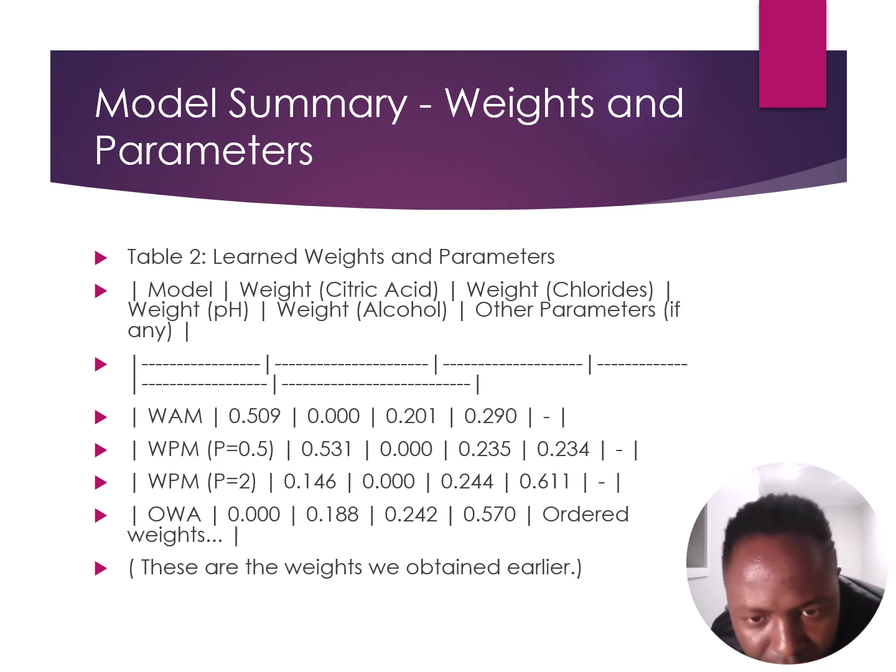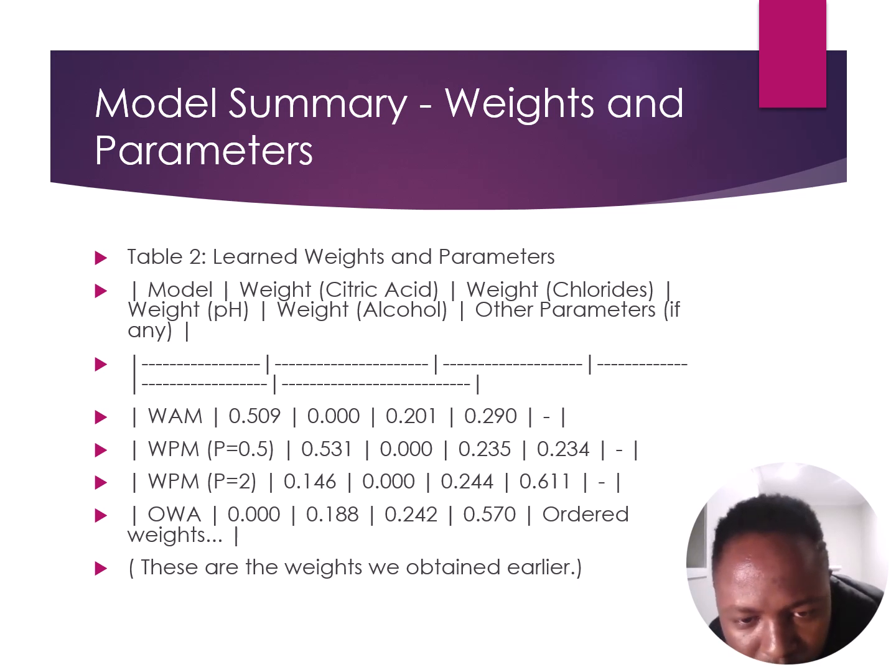So after carrying out my results, these were the results which came. WAM was 0.9, 0.05, 0.00, 0.201, 0.290, and so these are the respective results. And the WPM, the value was 0.5, 0.51, 0.00, 0.235, 0.234 respectively.